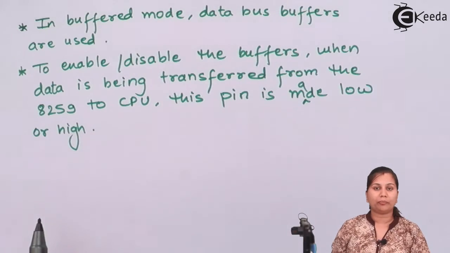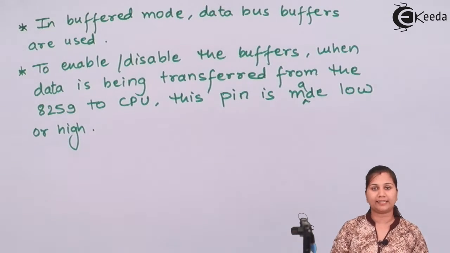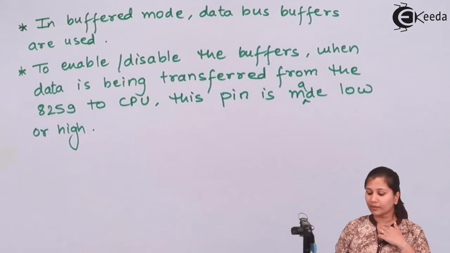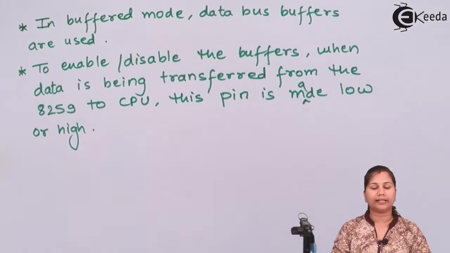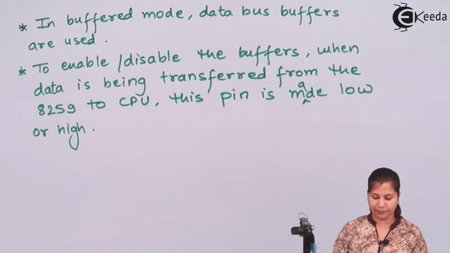So this pin performs dual functions. First, in the non-buffered mode of the 8259, it decides whether the 8259 IC acts as the master IC or the slave IC. Whereas in the buffered mode, this pin is used to enable or disable the data bus buffer so that the transfer of data can take place between the CPU and the 8259. So these are the two functions of this pin.